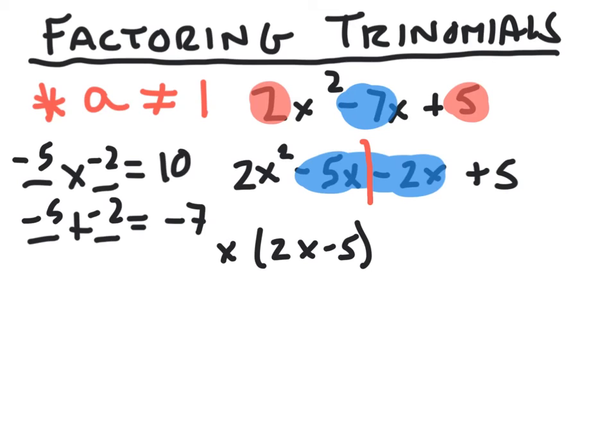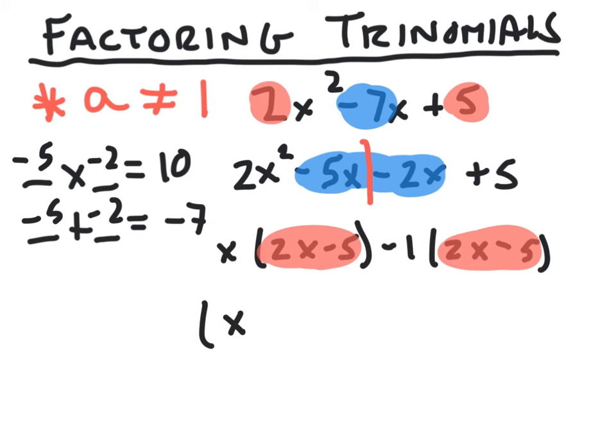And I'm going to take out a -1, and that way I get the same answer, 2x minus 5, as I do in the other case. If you factor this correctly, you will always get two identical items. And that's what allows you to say, in a distribution manner, x and -1 both multiplied by 2x minus 5. This is called factoring by a grouping technique. Good luck with these.